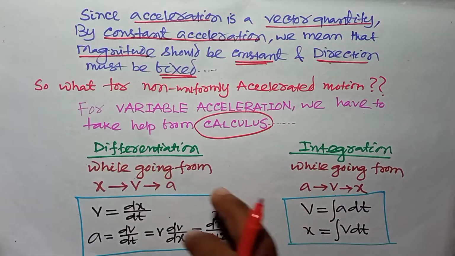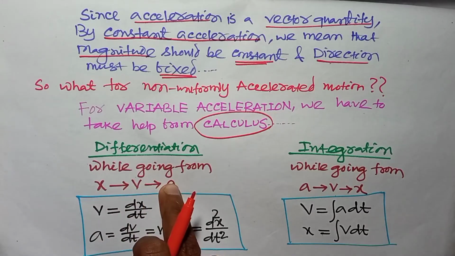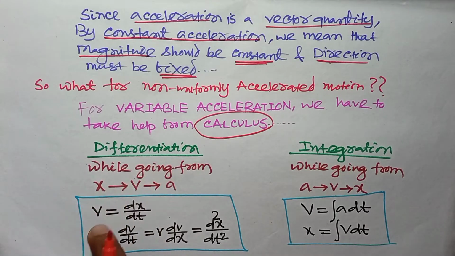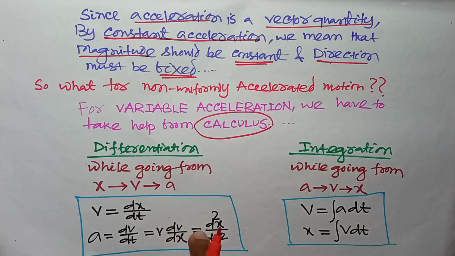While going from displacement to velocity to acceleration, we apply differentiation: v equals dx upon dt, and acceleration equals dv by dt, or v into dv by dx, or d square x upon dt square.